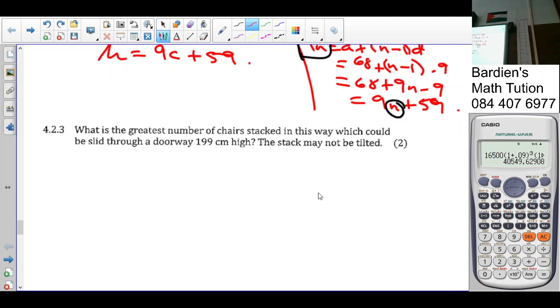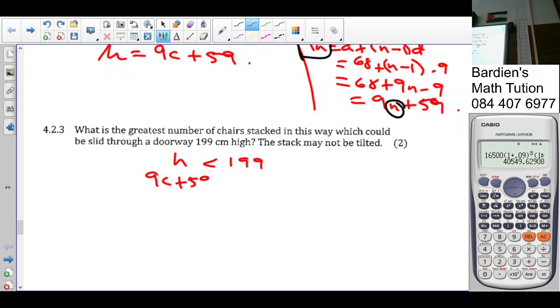So in other words, Tn, or your height, has to be less than 199. Since the original general term was in centimeters, this has to be also in centimeters, which is the case already.